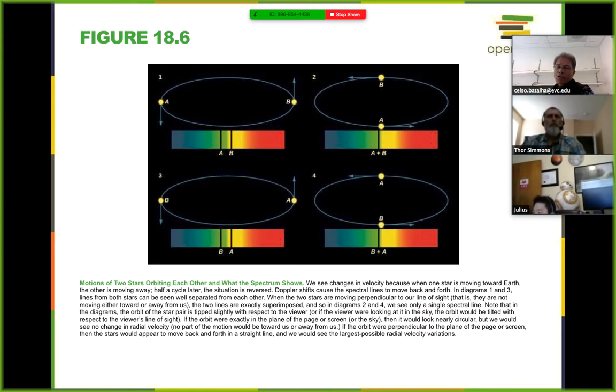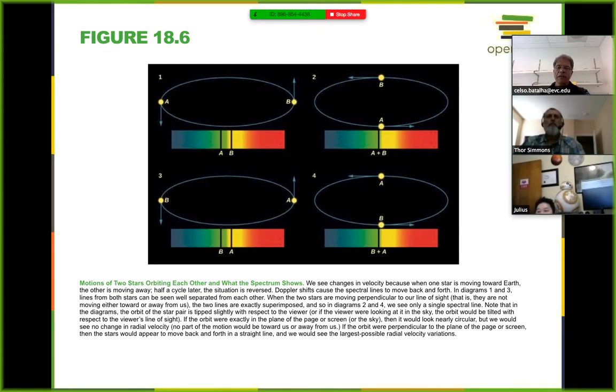Some spectroscopic binaries you don't see resolved visually, which means you take a telescope and observe them, but they are so far away you cannot see those two stars separated, because you can't resolve them independently. But with spectroscopy, you can. You can see those two lines moving and migrating around a common center, and then you can determine with that information what type of star it is: a K, an M, an O, an F, what is it?